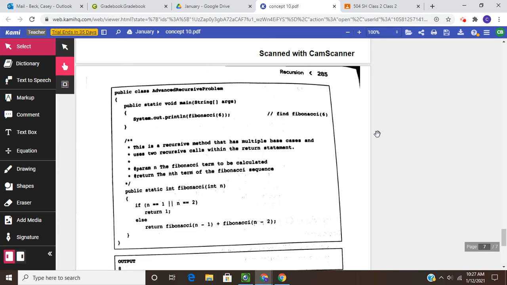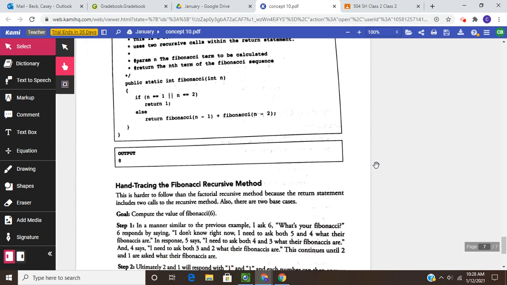So at the first case, n is 1, and at the second case, n is 2. If that's not the case and n is not 1 or 2, then we recursively call the Fibonacci method over and over again, doing Fibonacci of n minus 1 plus Fibonacci of n minus 2. And you should get the output 8.